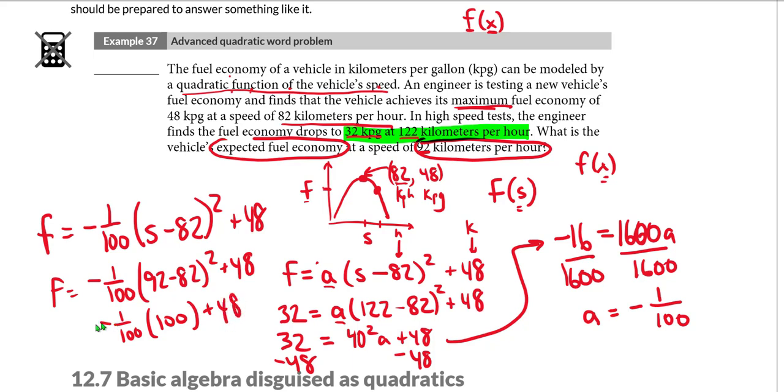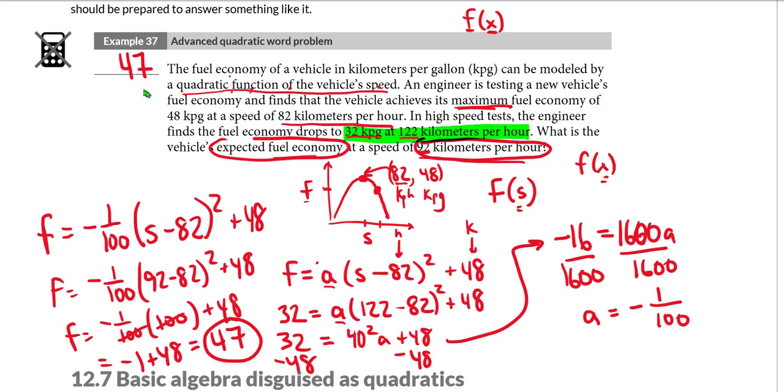Negative 1 over 100 times 100 is negative 1. The hundreds just cancel. So this is just negative 1 plus 48, and lo and behold, we have 47. So our fuel economy at 92 kilometers per hour is going to be 47.